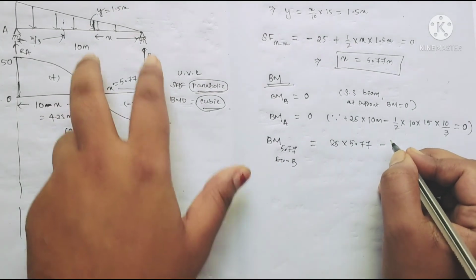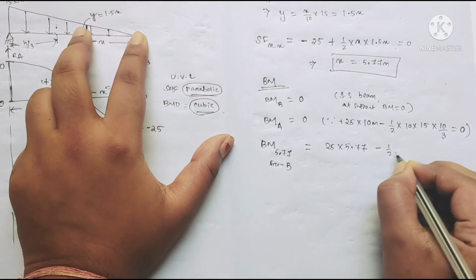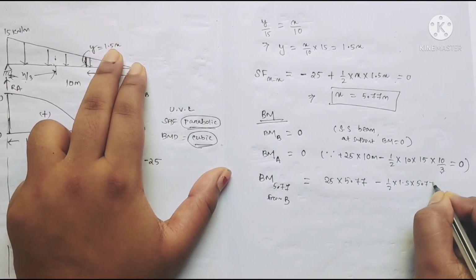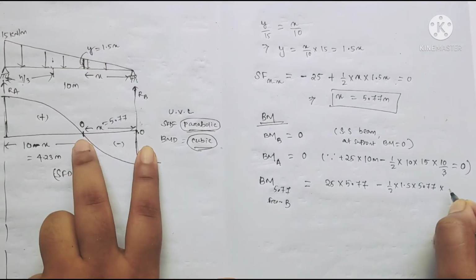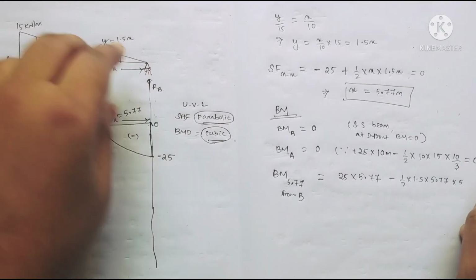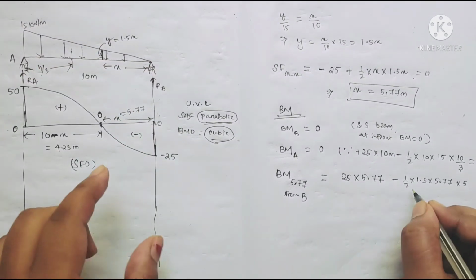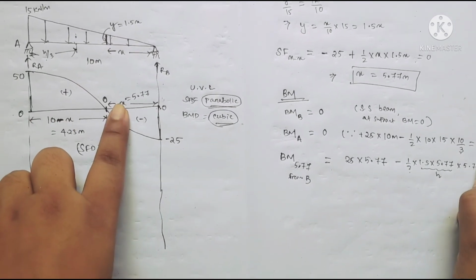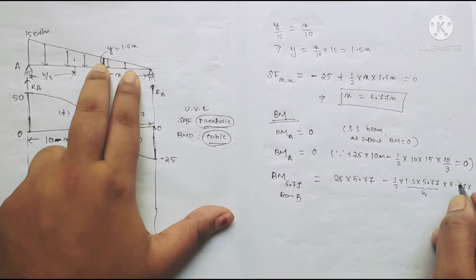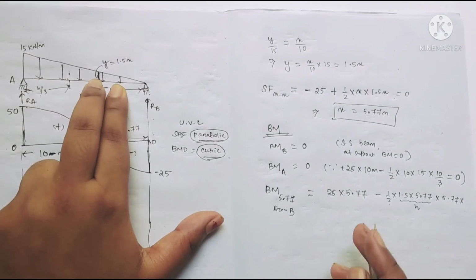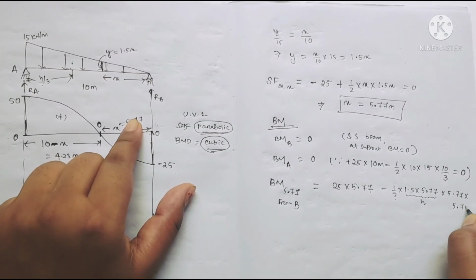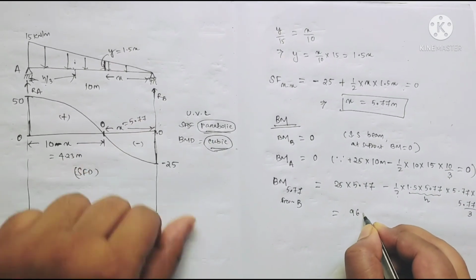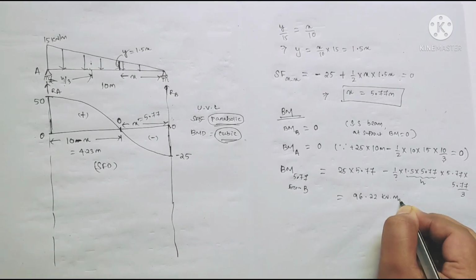Next minus the loading, half into 1.5x, where x is 5.77, into the base 5.77, into the distance from the CG, which is h by 3, so 5.77 divided by 3. Now calculate this value; it comes out to 96.22 kilonewton meter.